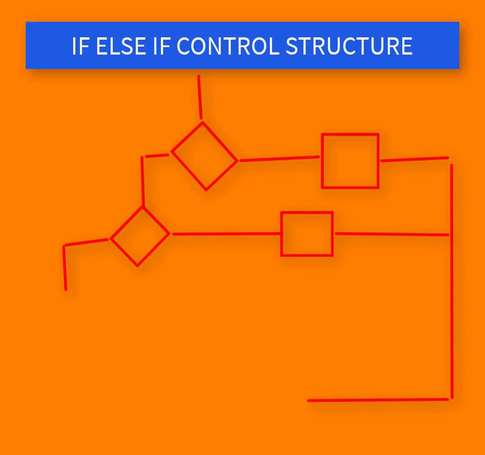And if that test is true, then it will execute some code and quit. And if that test is false, it will move on to the next test. So it's kind of a structure where you have multiple tests, but the tests are mutually exclusive.